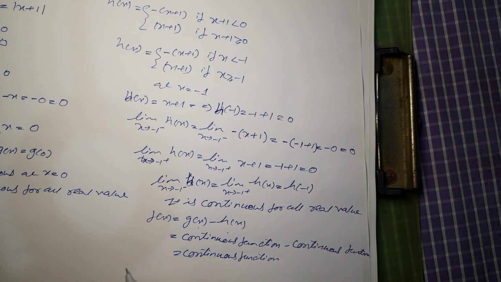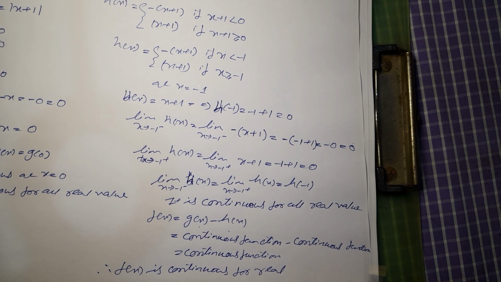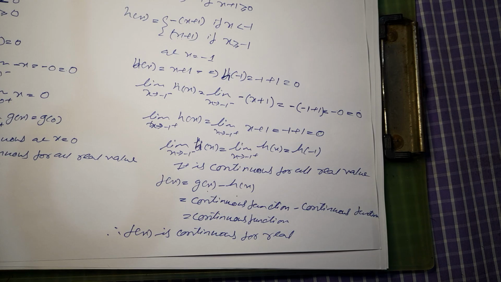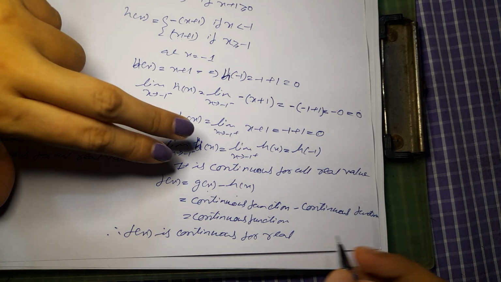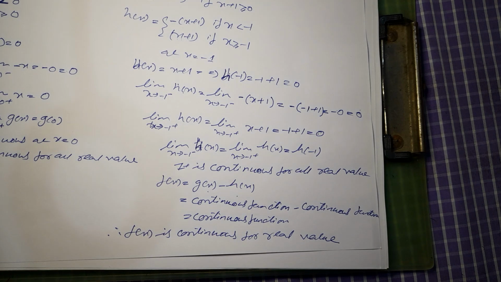Therefore f(x) is continuous for all real values. Since both are continuous, it gives a continuous function. So therefore f(x) is continuous for real values.